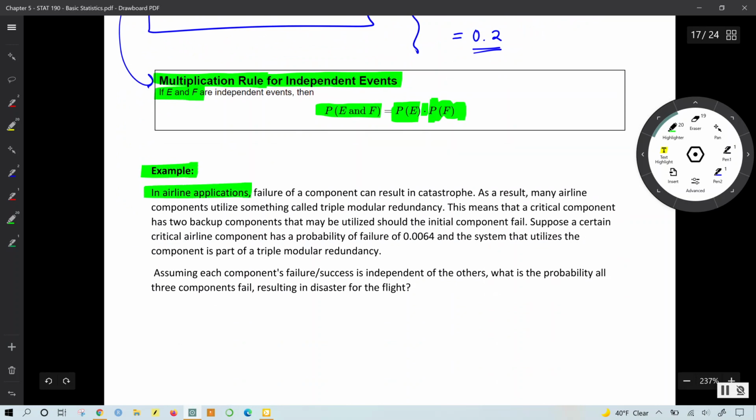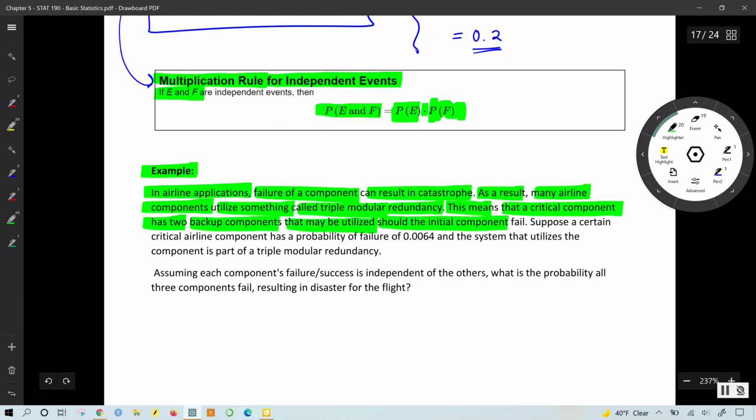In airline applications, failure of a component can result in catastrophe. As a result, many airline components utilize something called triple modular redundancy. This means that a critical component has two backup components that may be utilized should the initial component fail.